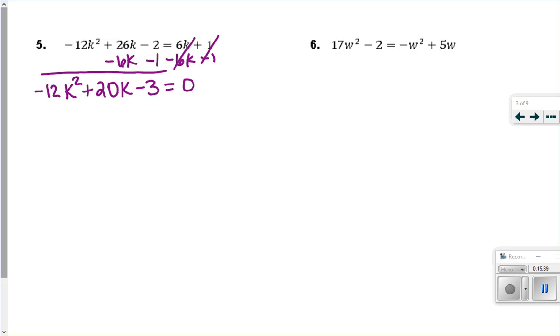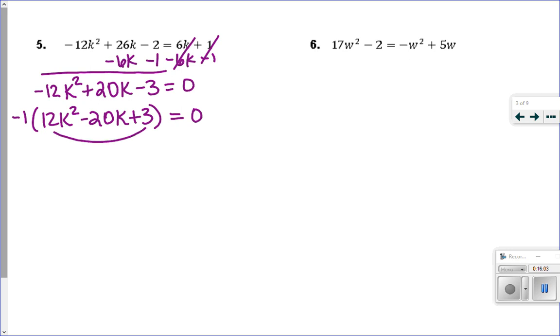I am going to definitely do this one, but I'm going to go a little faster. So GCF, only the negative 1. That's going to leave me with a 12k squared minus a 20k plus 3. Okay. In fact, if you wanted to pause this one and try it and then check it, that's fine by me. I'm going to keep going. You can always pause me. And then I'm going to play the magic numbers, except I have the 12.